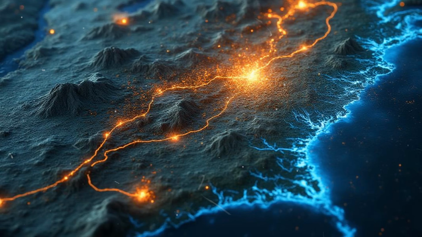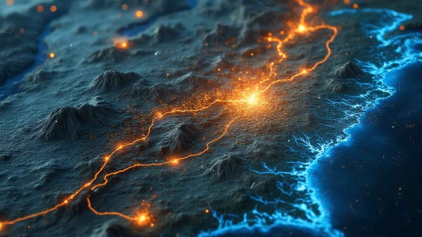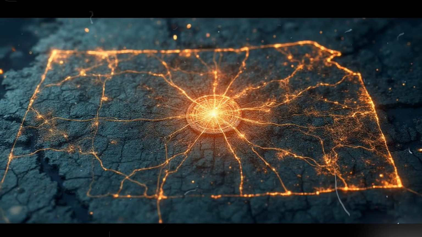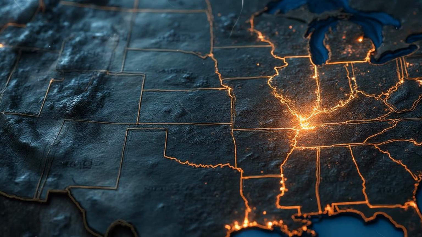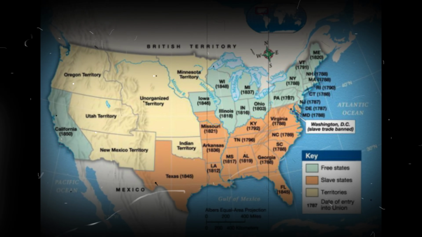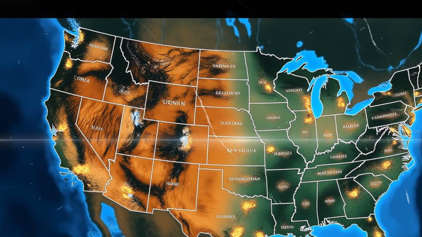Another key provision of the Missouri Compromise was the establishment of a geographic line across the Louisiana Territory, known as the 36 degrees, 30 minutes parallel. This line essentially drew a boundary across the Western territories.